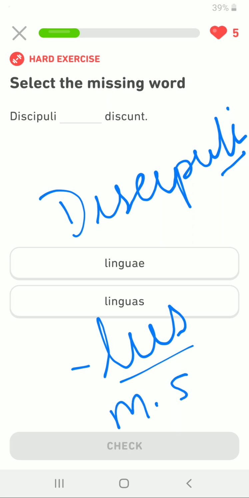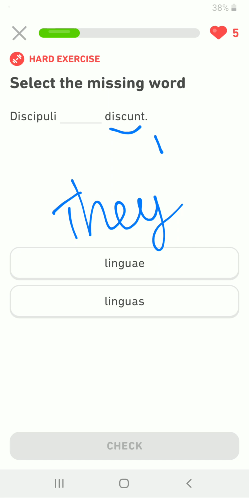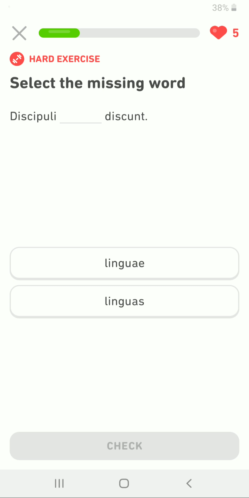So this one is masculine plural. Discipuli, and the verb also is conjugated to the third person plural, and it's discunt. Discunt is basically they learn.